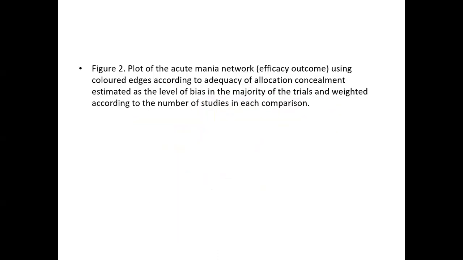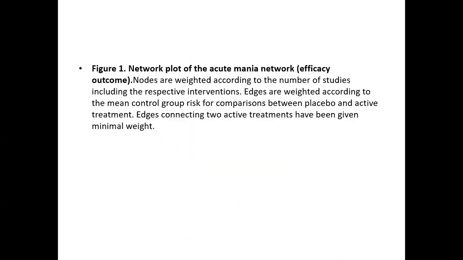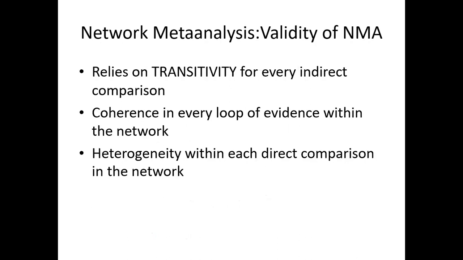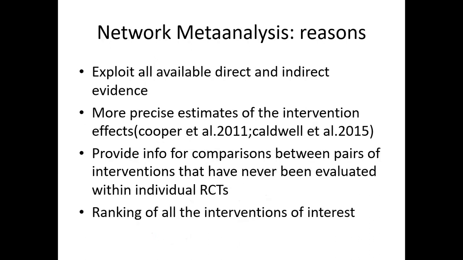Oh yeah, put a lot of graphs there. Next. So reason, no. One step back. Reason for doing a network meta-analysis. You want to exploit all available direct and indirect evidence. Most of the time we may have direct evidence and we don't have indirect evidence where there are no studies.